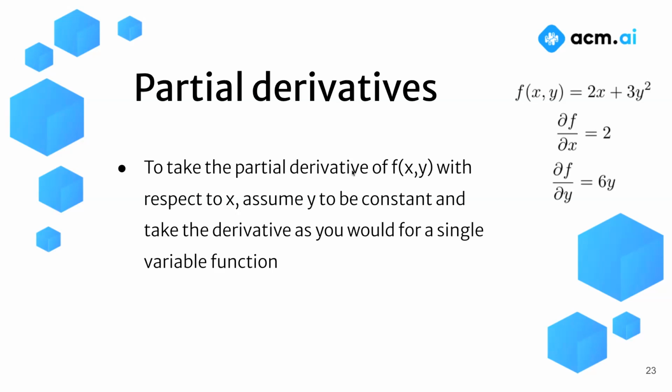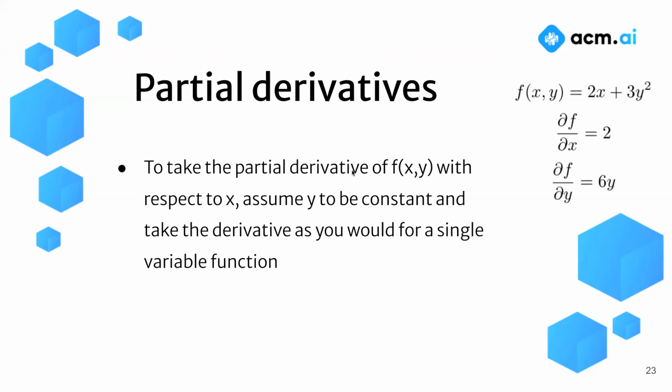When we're taking the partial derivative of 2x plus 3y squared with respect to x, all the y's just become constants. A nicer way to write this is 2x plus 3c squared, where c is a constant. What is the derivative of a constant? Anybody? 0, right? So now we get the derivative of 2x plus 0. The derivative of 2x is just 2. That's how we calculate partial derivatives.